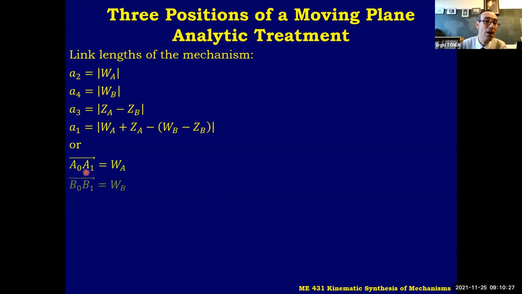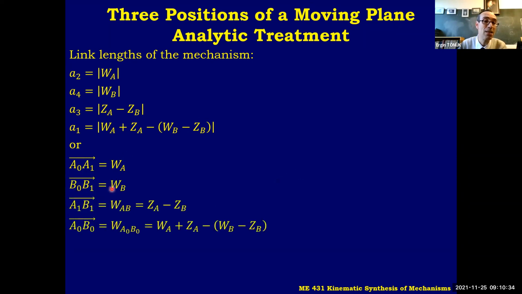Actually, the A0, A1 vector is WA, the B0, B1 vector is WB, the A1, B1 vector, we may call WAB, is ZA minus ZB, and the A0, B0 vector, we may represent by a complex number like this, WA0B0.